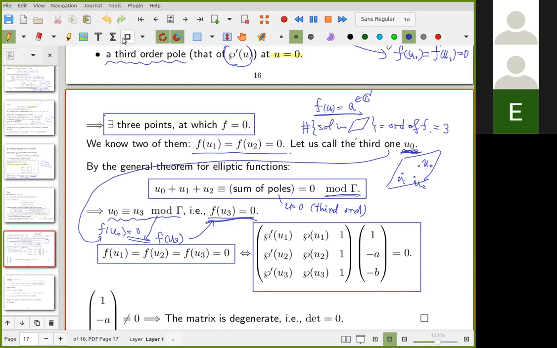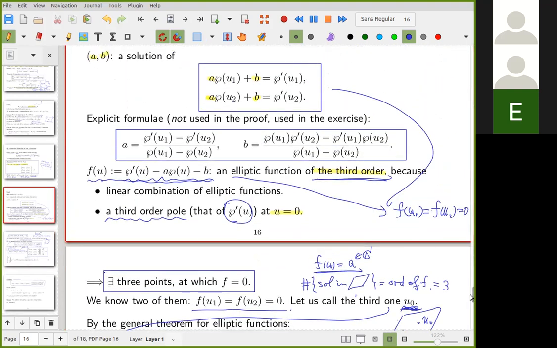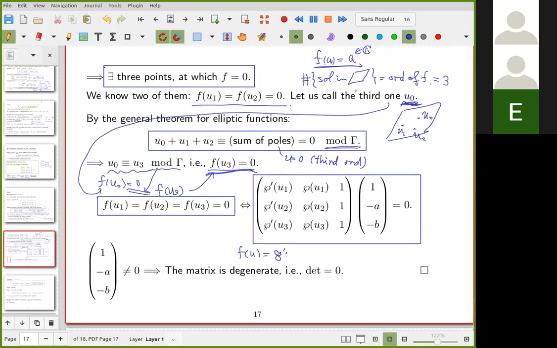We call that f of u is this. This is the components of this left-hand side.